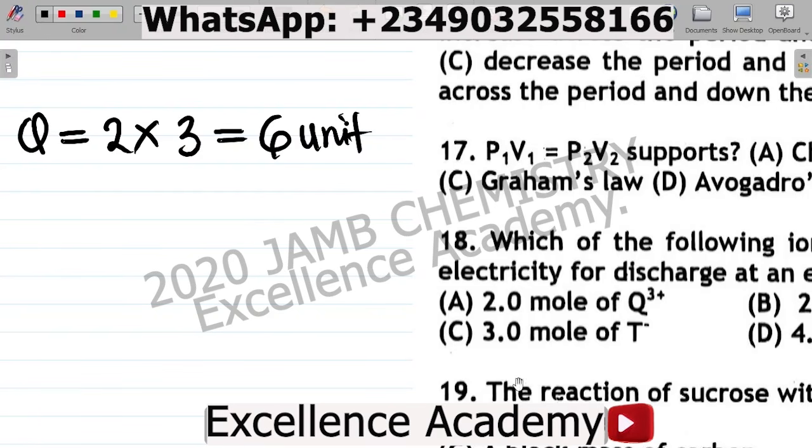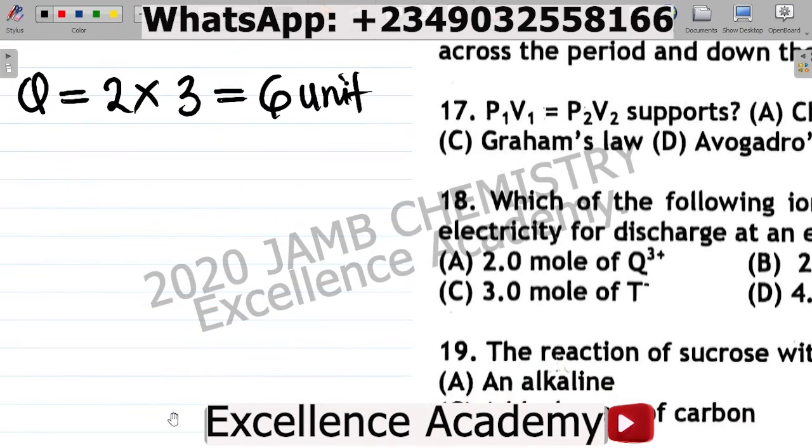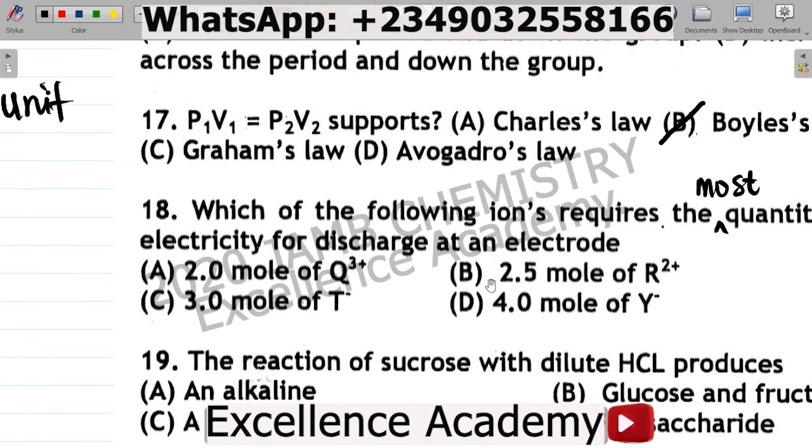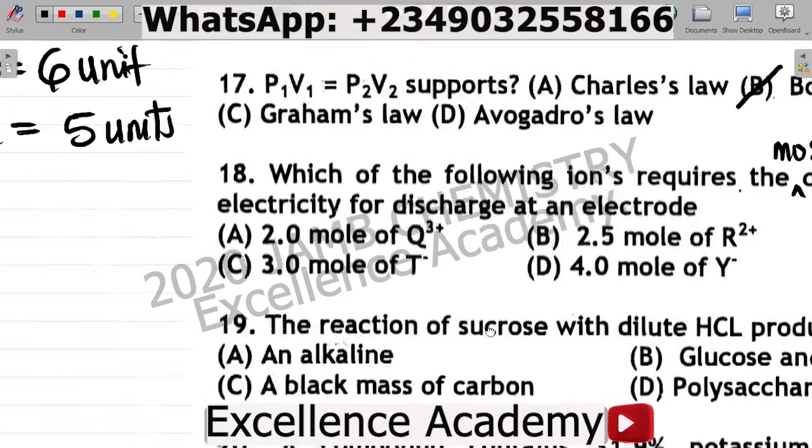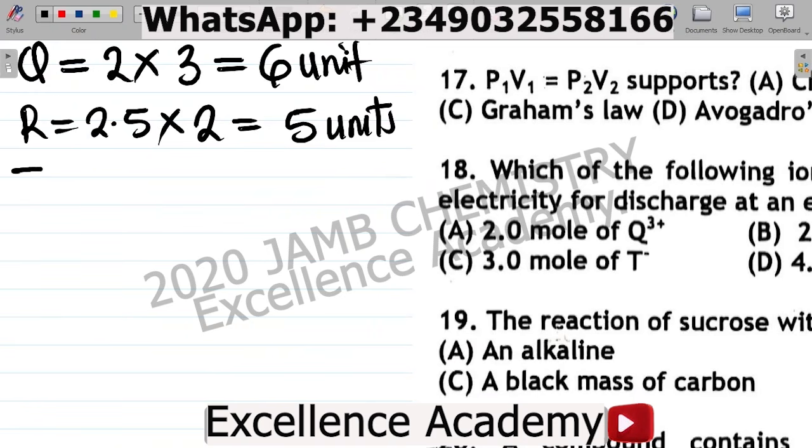For B, what you have there is 2.5 moles of R. So for R, the number there is 2.5 times its charge, which is 2 plus, or let's just say 2. 2.5 times 2 gives you 5 units. Next up, for T, the number of moles is 3.